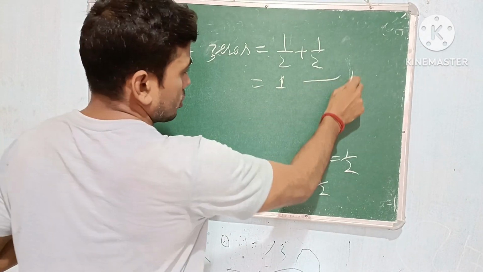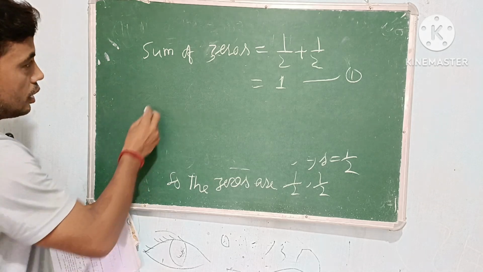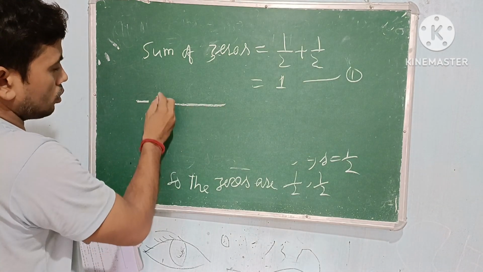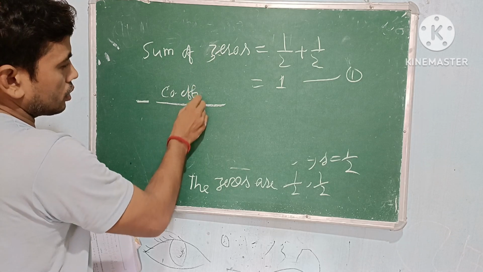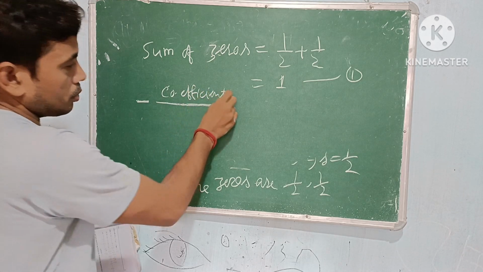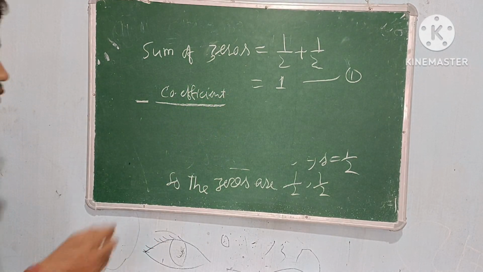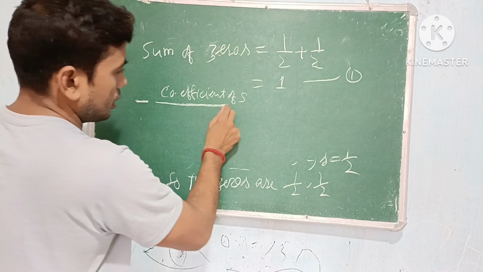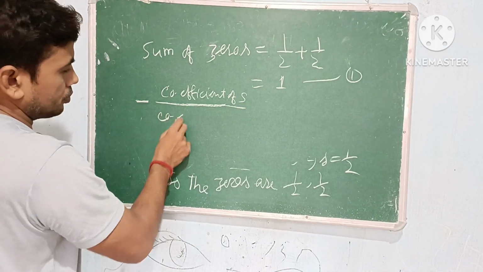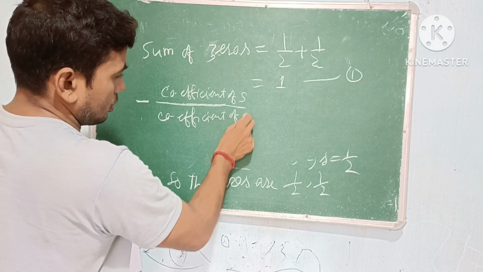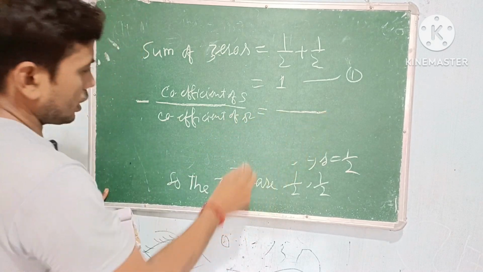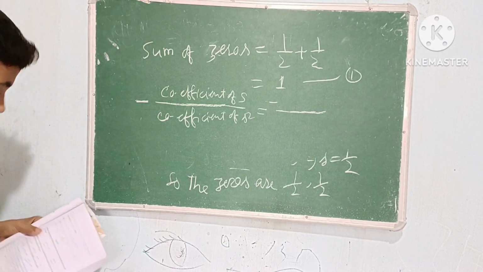Okay, so this is marked as 1, and minus coefficient of s, since the variable here is s, so minus coefficient of s by coefficient of s square. We get minus coefficient of s is what?